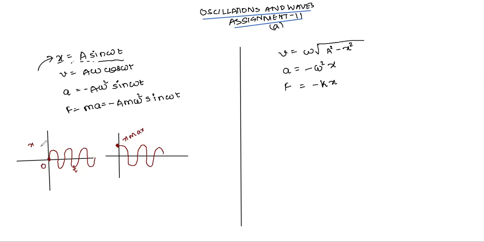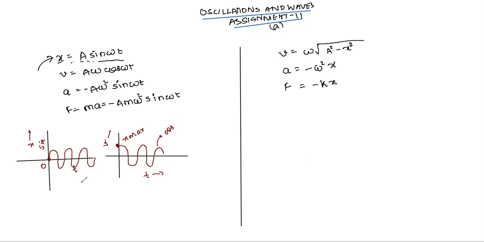This is how we differentiate between a sine graph and a cos graph. So this was a cos graph between velocity and time.